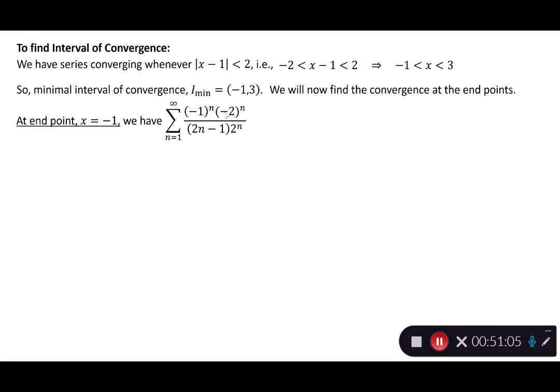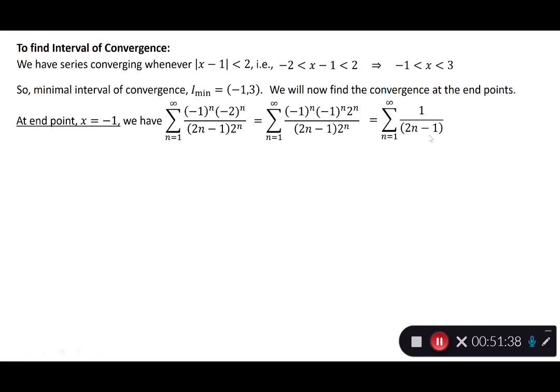Yep, I can do that. So that makes the top equal to 2 to the n. I didn't need to do this; I could have argued the other way. Okay, so this became, and now this 2 to the n and 2 to the n cancel out, and -1 to the n times -1 to the n, like earlier I said, is equal to just 1 over 2n minus 1. So this is what the series reduces to.